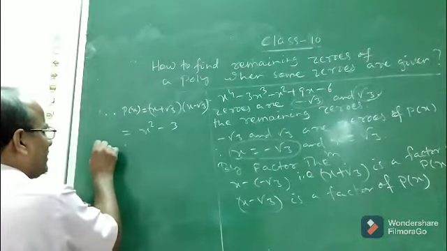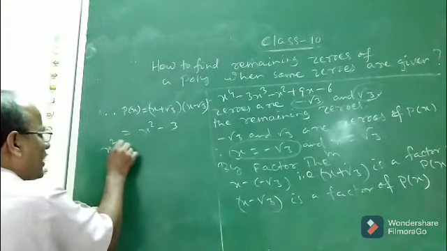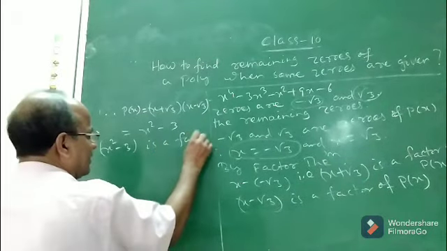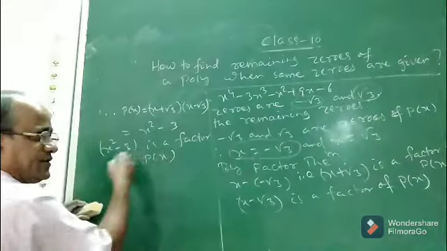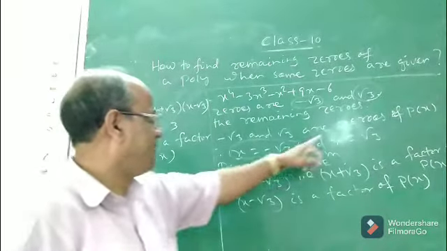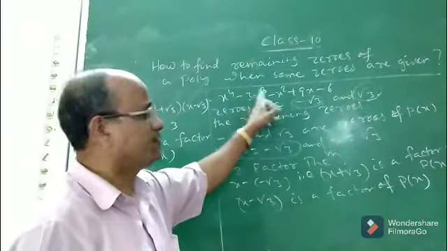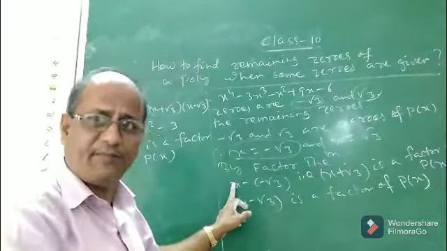That means x square minus 3 is a factor of p of x. You see, children? Okay. So if x equal to root 3 and x equal to minus root 3 are both zeros of the given polynomial, first you apply the factor theorem.